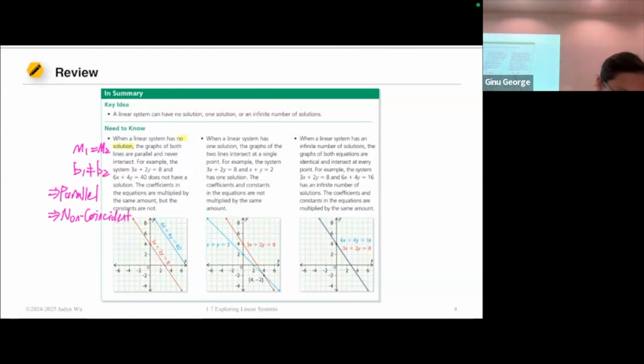The second one will have only one solution, because they will just be intersecting, as m1 doesn't equal m2. And for the last one, there will be an infinite number of solutions, because m1 equals m2 and b1 equals b2, which means that they are parallel and also coincident, or I can also say that they are the same line.